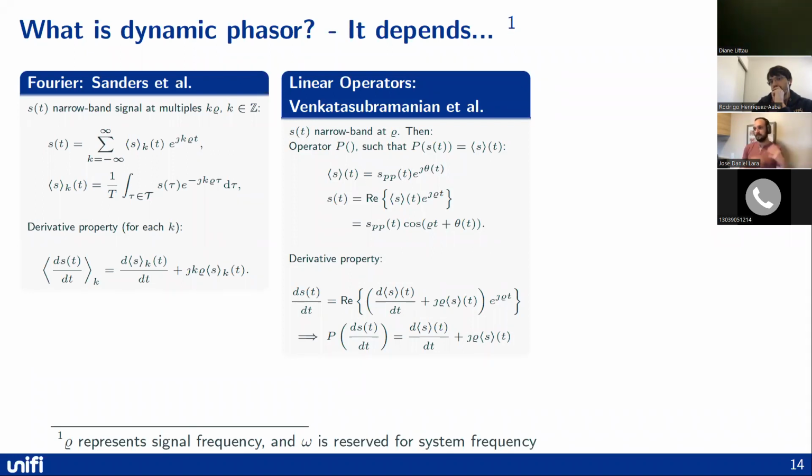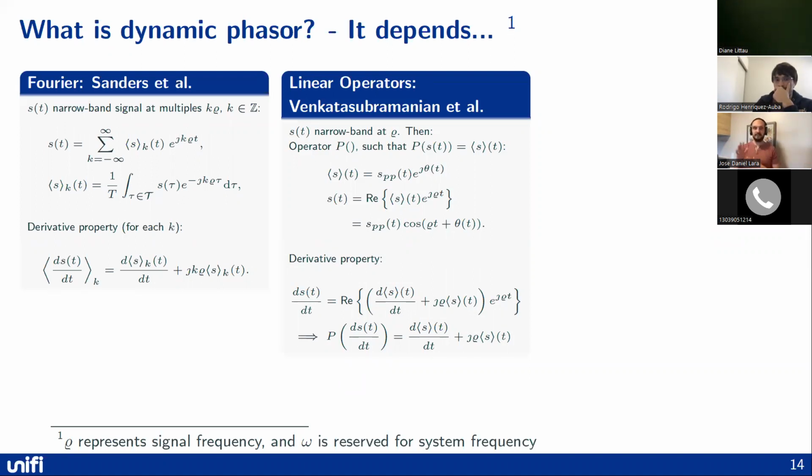And it obtained that derivative property that we see here, which is extremely similar to the one from Sanders, except that Sanders develops the derivative properties for multiple harmonic components of the Fourier series, whereas the linear operator approach finds the operation for k equal 1, at what would be a base frequency.